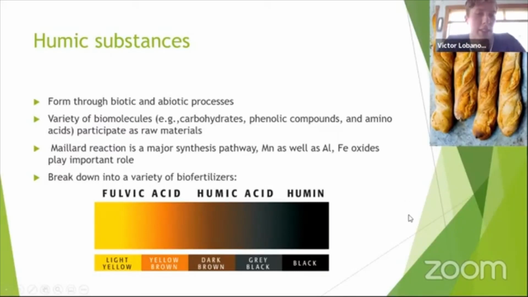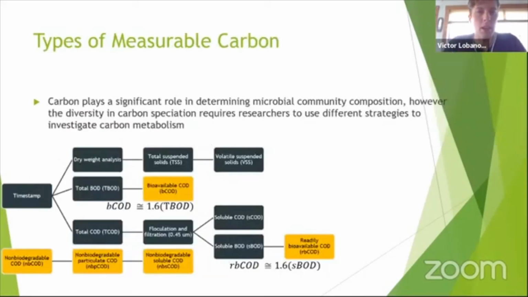I find that absolutely insane. Basically, it's like those carbon molecules that are extruded by the plants are on a microbial level being heated up. There's no heat involved, but it's the same chemical process. And that involves a lot of metals too. So that's why humic substances have been known to improve bioavailability of metals. But there's a lot that needs to be explored here.